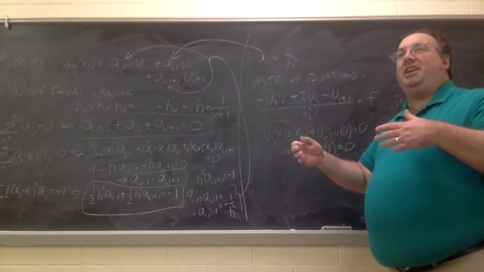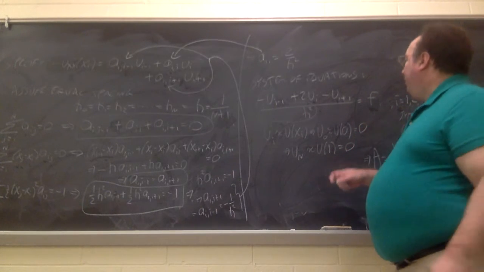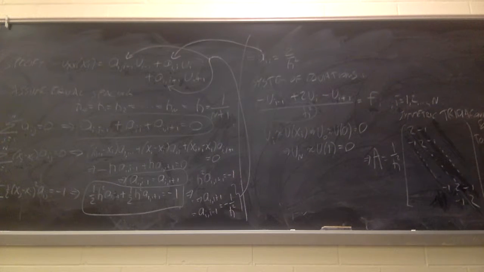But when it's periodic, it wraps around to be the point on the other end. So as a result, if I did the whole process with periodic instead of Dirichlet, I'd have a -1 here and here. In other words, this subdiagonal wraps around to go up here, and this superdiagonal wraps around to include that. And that's called a circulant matrix, which also has some pretty nice properties.